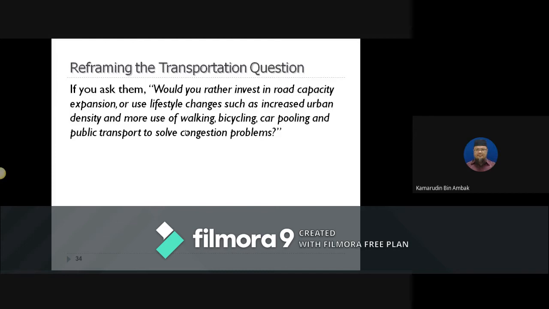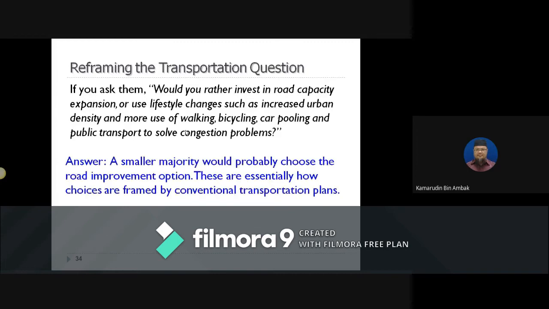So what do you expect to answer this kind of question? Okay, the answer is a smaller majority would probably choose the road improvement options.